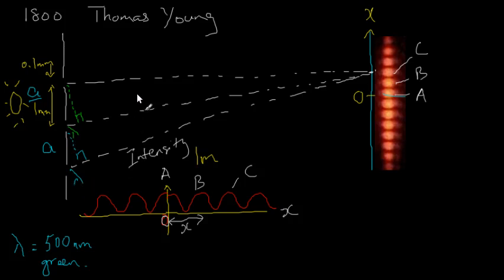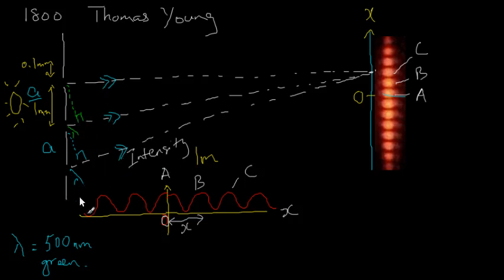The reason is as before: we may assume that this screen is quite far away compared to the distance between slits, so those three rays, they don't look parallel as I draw it, but because the screen is very far away compared to this spacing, those three rays are actually very nearly parallel.